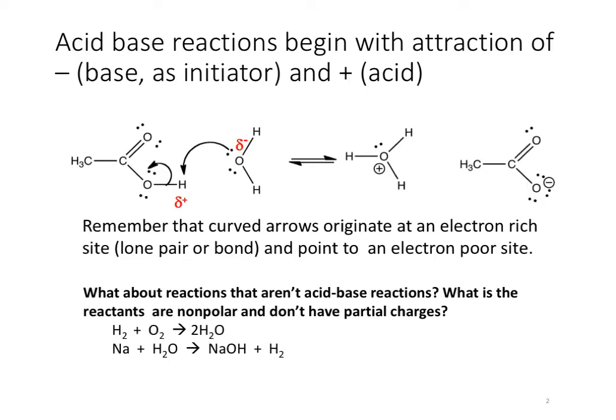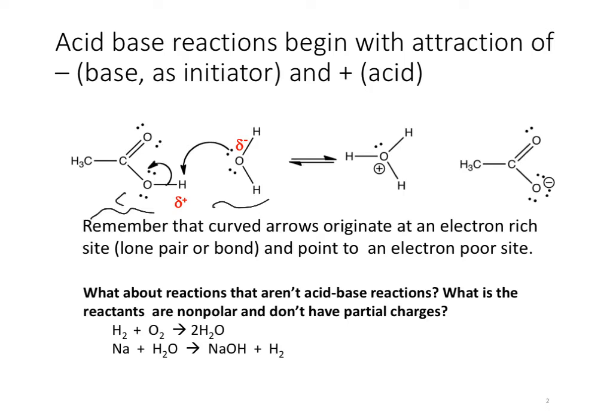We've spent some time talking about acid-base reactions, and if we look at partial charges for polar covalent compounds, such as acetic acid and water, we can align the molecules in a way that helps us understand the chemical reaction that's going to happen.